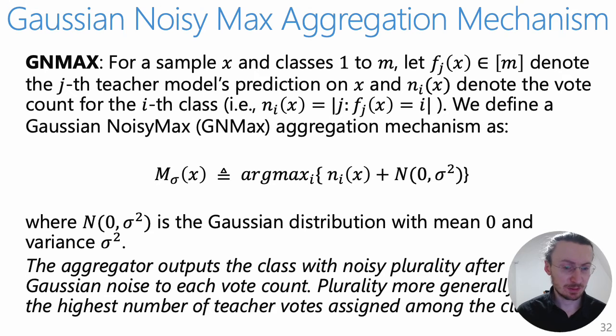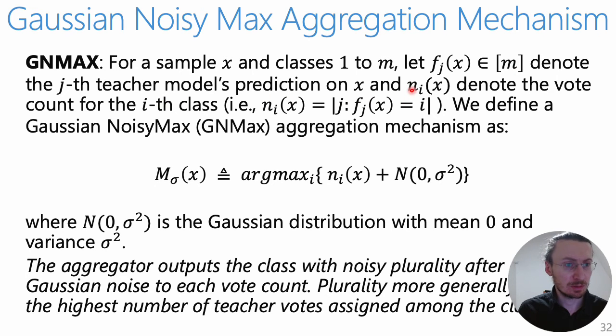Let us define this mechanism for PATE a bit more formally. We want to define this Gaussian noisy max aggregation, in short called GNmax. Here assume that we have a sample x. This sample comes from the public dataset, so it's not private, and we want to label this given example. We assume that the task has classes from 1 to m, and we denote by f sub j of x the output from a given teacher, teacher j in this case, and the teacher just outputs one of the classes from 1 to m.